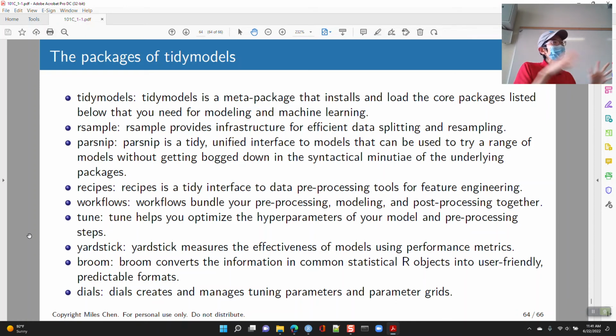So there's always a debate between what's better, Python or R, and I have no skin in the game because I teach both Python courses and R courses, and I think both are great. They're different, but both are great.